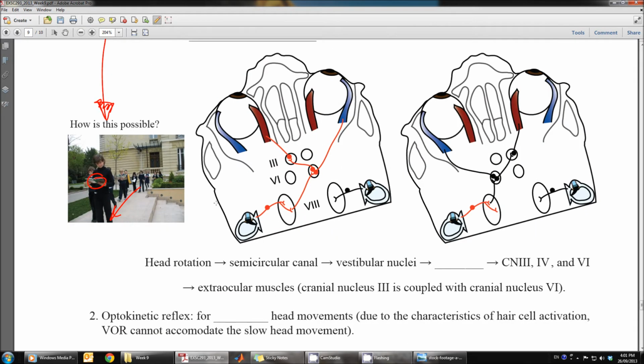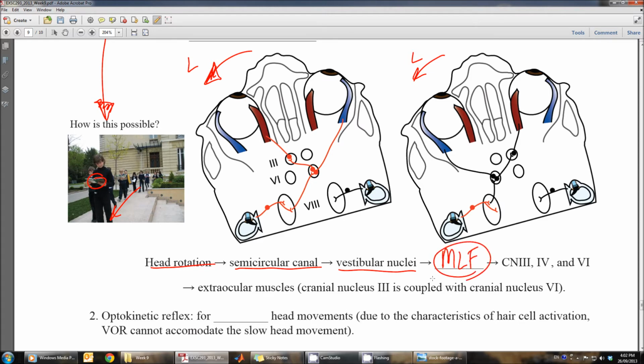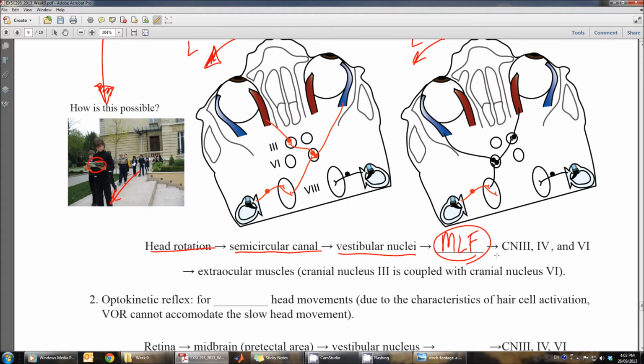First we have head rotation or head perturbation, and let's say we activated the semicircular canal, so it has rotated, use this example for instance. This is the leftward rotation of the head, and this information goes to the vestibular nuclei, and through the MLF, which we covered as one of the outputs of the vestibular nuclei, which connects to cranial nerves 3, 4, and 6, it can control the eye movement in relation to the head movement.